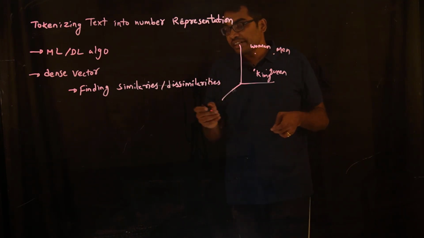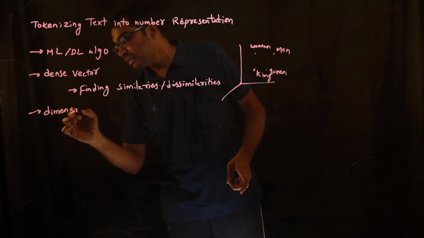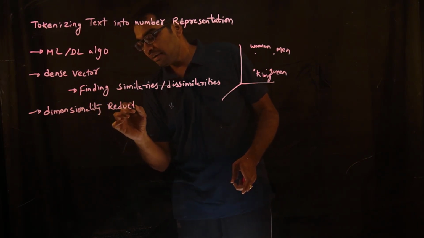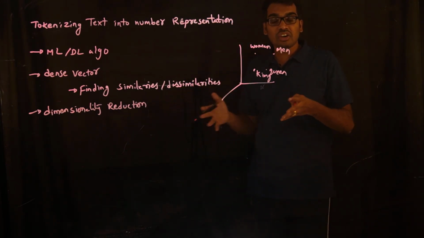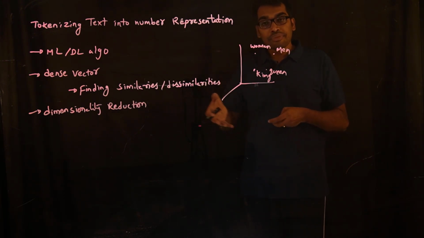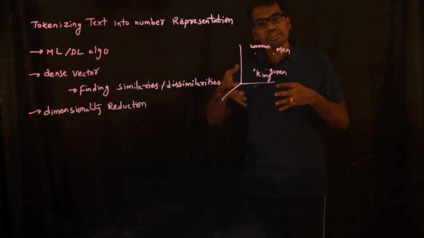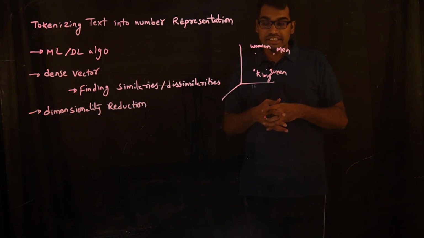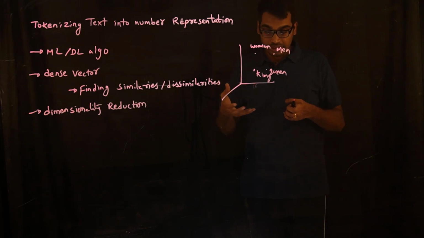Then it also helps with dimensionality reduction. As I said, lots of unique words come in the vocabulary that you see in the entire set of documents. Whether you represent Spanish or English or whatever, we cannot have such a large vocabulary size, because you need to store this in memory or fit it into memory.